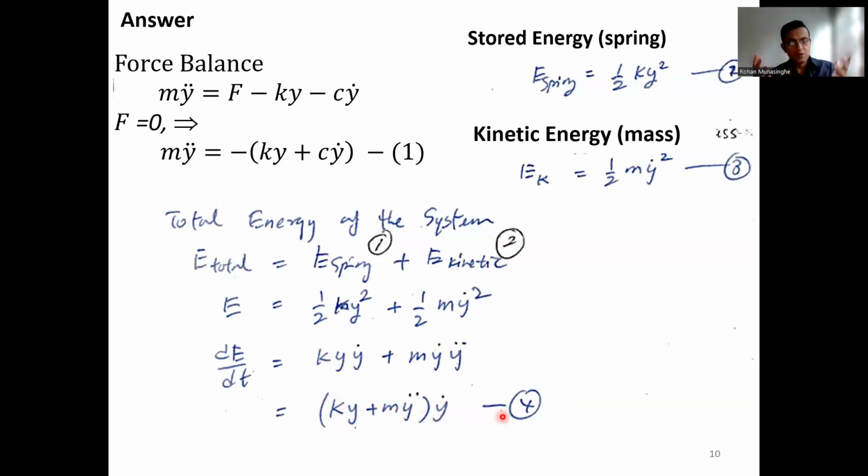You get an expression for the rate of change of energy. But we don't know yet whether this is decreasing or increasing. Now, while this is happening, we'll have to look at the force balance of the plant.